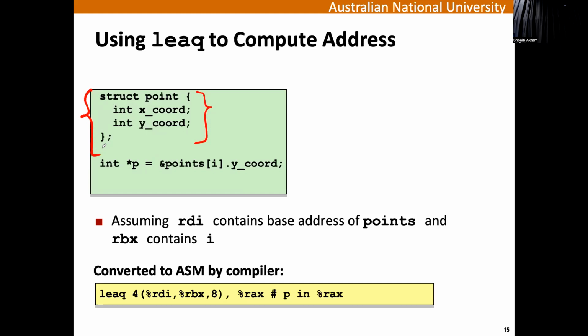This struct consists of homogeneous types, 2 integers, but instead of integer, you can have a float, a double, a character array, and this is how you create objects in C. All right, so then I can say P is a pointer to an array points.